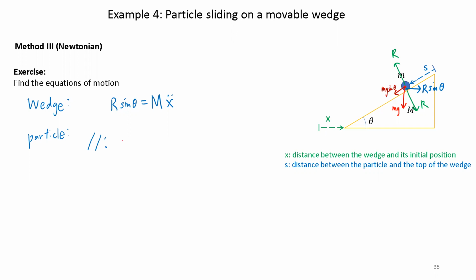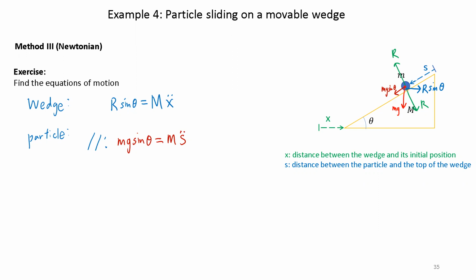So the force that we talk about here is mg sine theta, and it equals to what? It equals the acceleration of the particle along this direction. If the wedge itself is not moving, then of course the m times a is just this one.